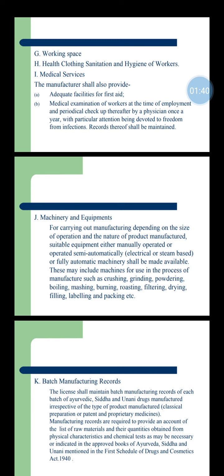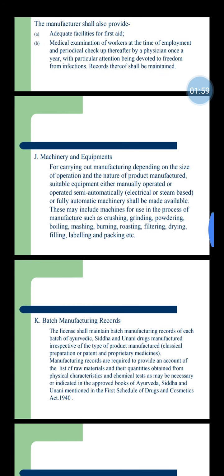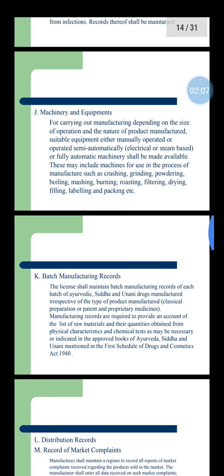Suitable equipment, either manually operated or operated semi-automatically, electrical or steam based, or fully automatic machinery, shall be made available. Manufacturing operations such as crushing, grinding, powdering, boiling, mashing, burning, roasting, filtering, drying, filling, labeling, and packing use this machinery and equipment.